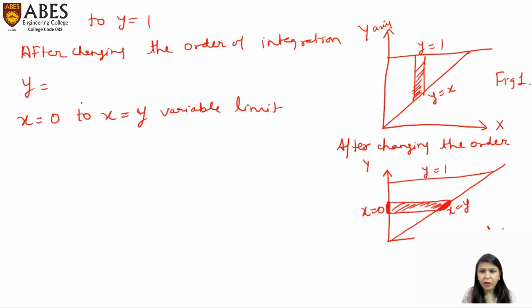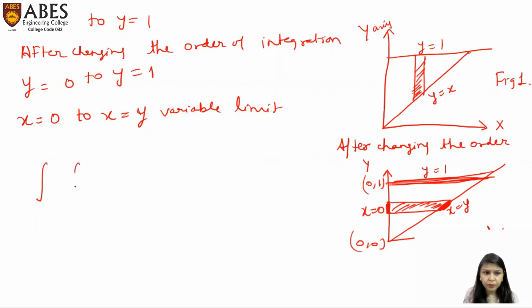Now we have to find out the limit of y. This point is 0,0 and this point is 0,1. So the limit of y goes from y equals 0 to y equals 1. This will be the new limit.